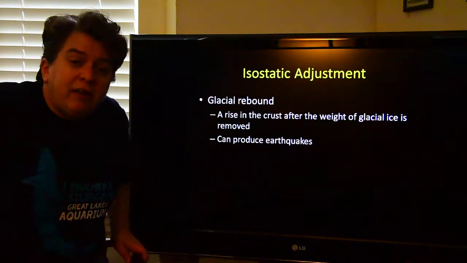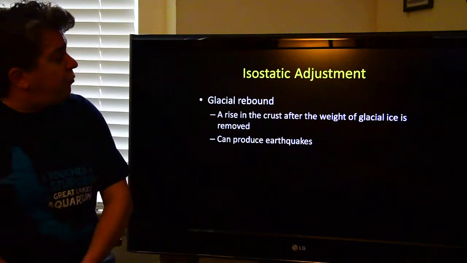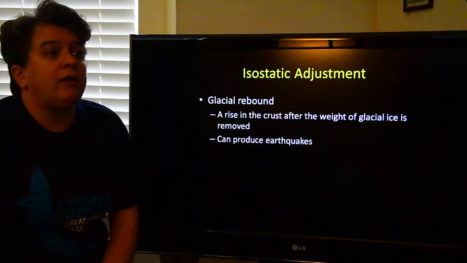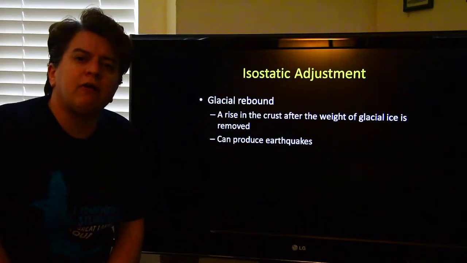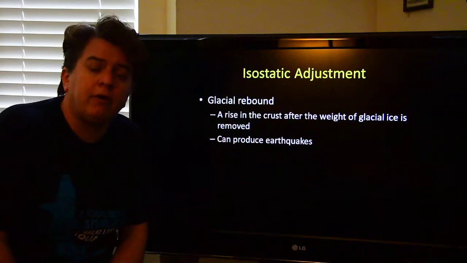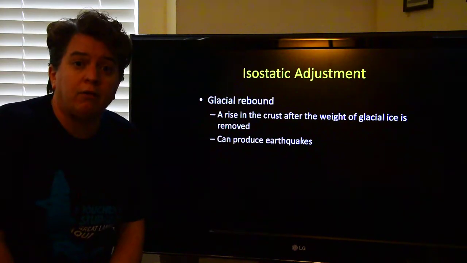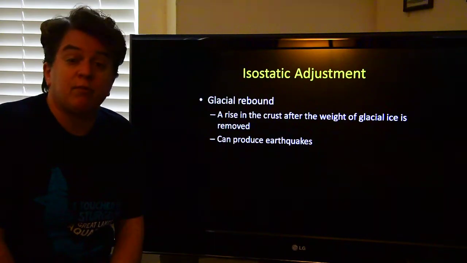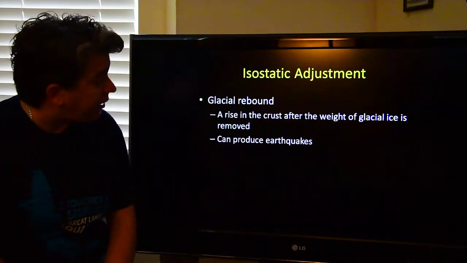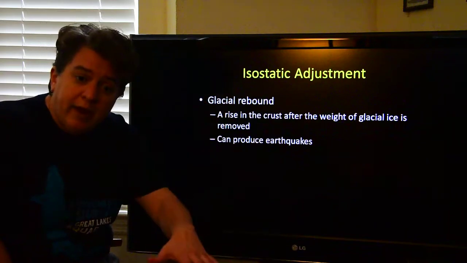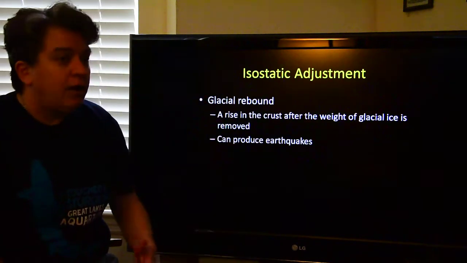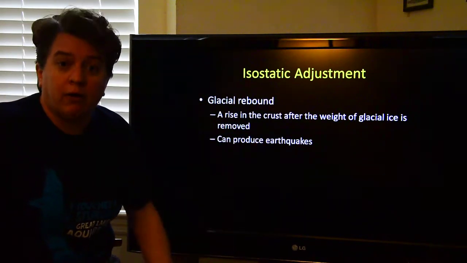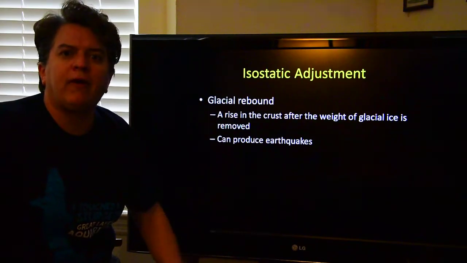I've talked about glacial ice causing this as well. During the last glacial maximum, large parts of North America and Europe and a few other places were covered by really massive amounts of ice, sometimes 3 to 5 kilometers thick. That ice weighed down those areas because every gallon of water weighs a bit over 8 pounds.